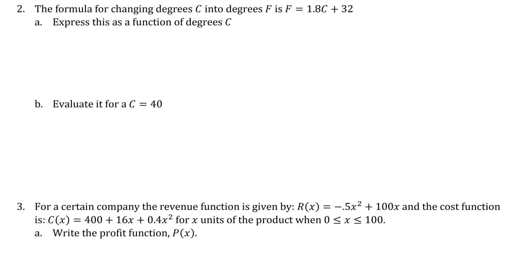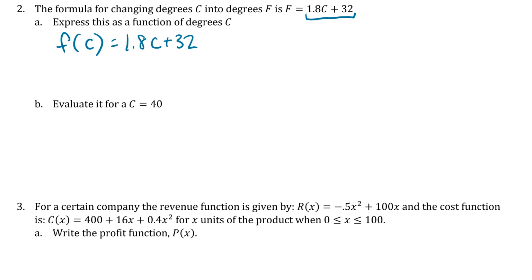For part A, express this as a function of degrees C. The good news is C is already the only variable in this part. No rearranging needed, no plugging in needed. We can just rewrite that: F of C equals 1.8 C plus 32.